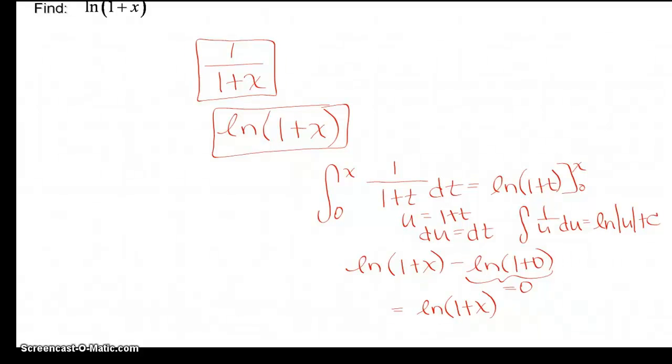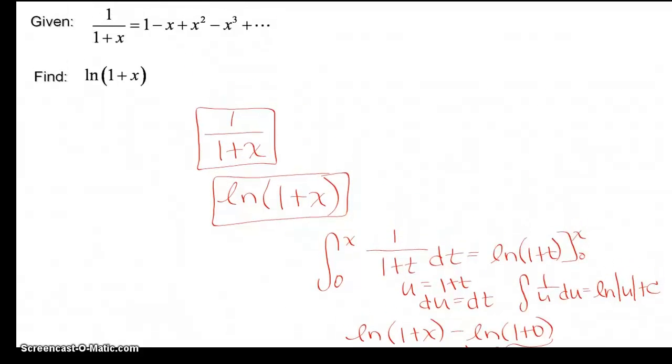So since we know integration is the mathematical operation that we want to do, we're going to show that this will yield us the natural log of 1 plus x.